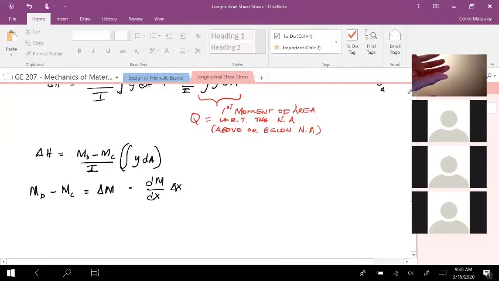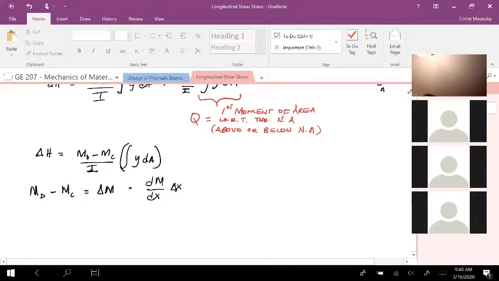If you go back to the shear and moment diagrams, remember when we were trying to get the moment diagram, we looked at the area under the shear diagram. So in essence, the integral of the shear is the moment.